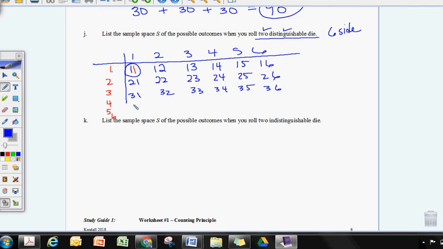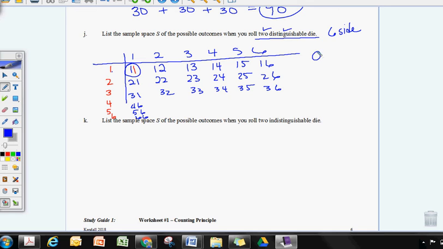I think you get the idea of what the patterns are supposed to be. Here's the thing: 1 for the first die and 2 for the second die is different than 2 for the first die and 1 for the second. So it depends on which number comes up, not which die put it on there.